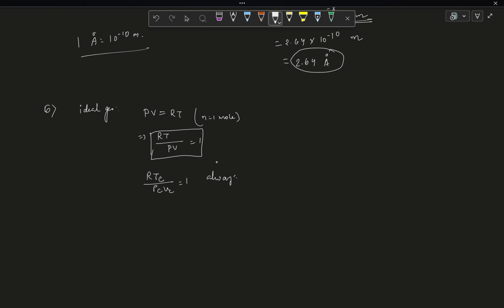Basically, real or practical gases do not behave exactly like the ideal gases that we have learned about. So their RTc by PcVc ratio is called, I think, the critical coefficient, and that value should be 1 for ideal gas, and it deviates from 1 for non-ideal or real gases. That deviation tells you that this gas is non-ideal and how much it deviates from ideality. So this is the idea.